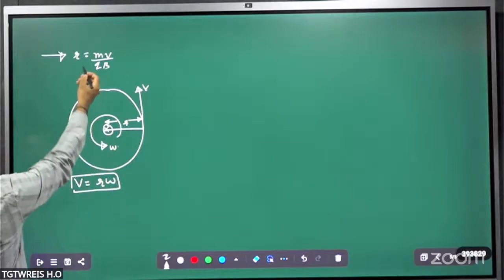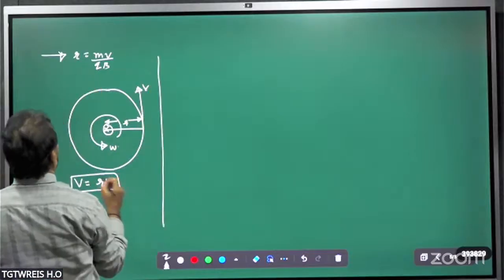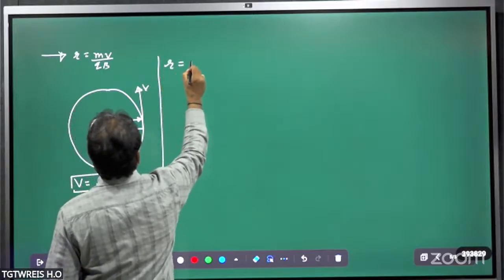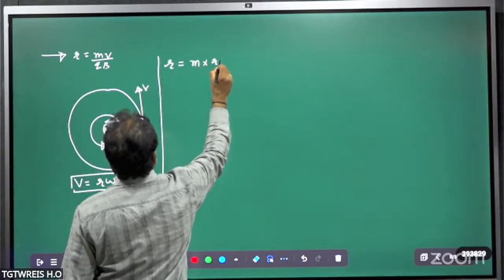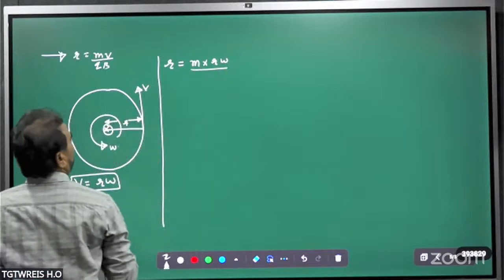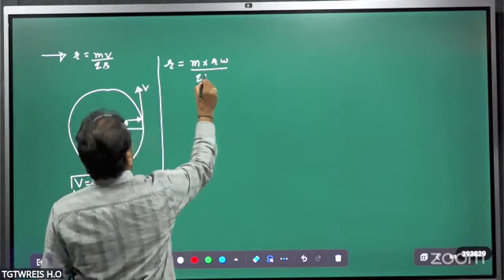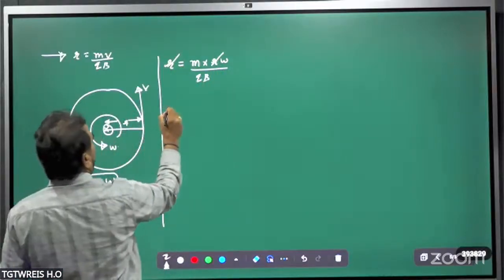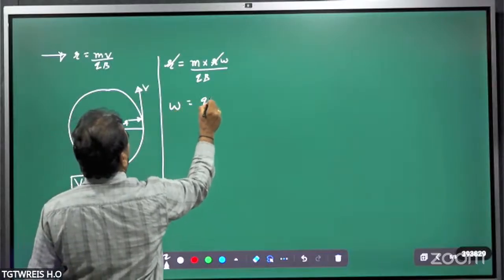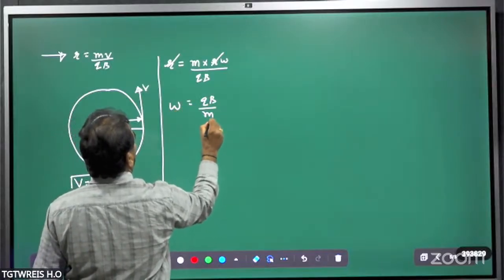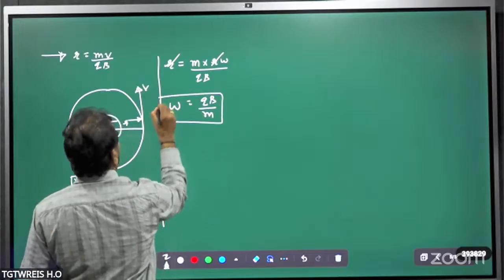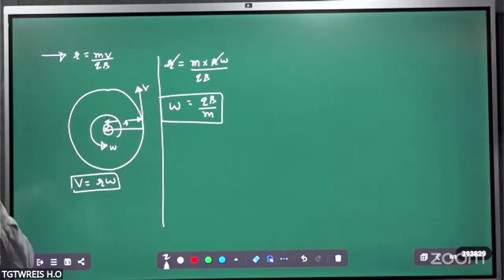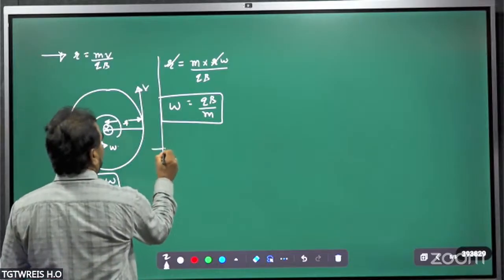This value, substitute in this equation, then you will get the radius R is equal to m into r omega, since V is equal to r omega, upon qB. So on both sides what gets cancelled? R gets cancelled. Omega is equal to qB upon m, where omega is called the angular velocity of the particle. But omega means 2 pi f.